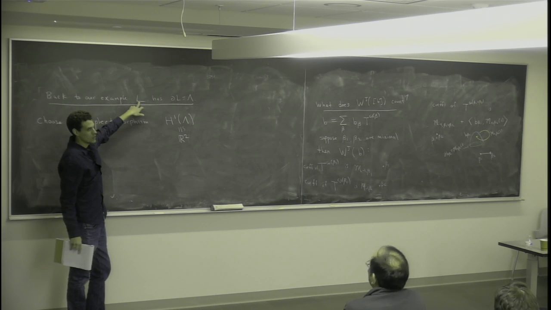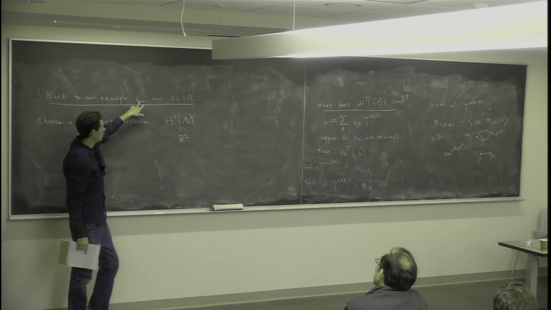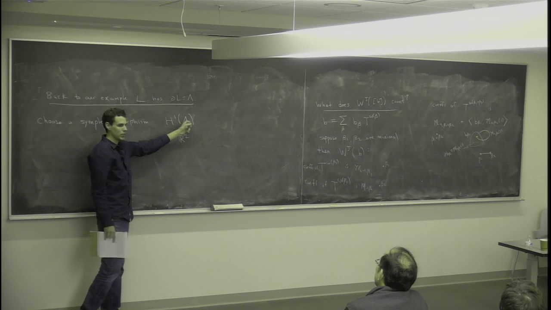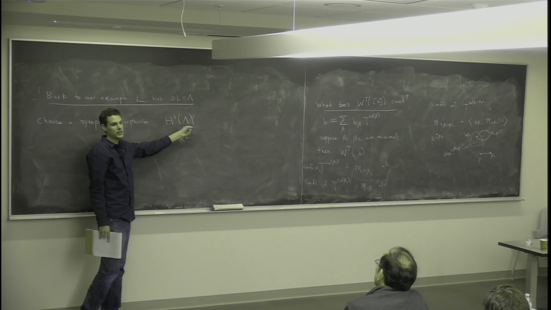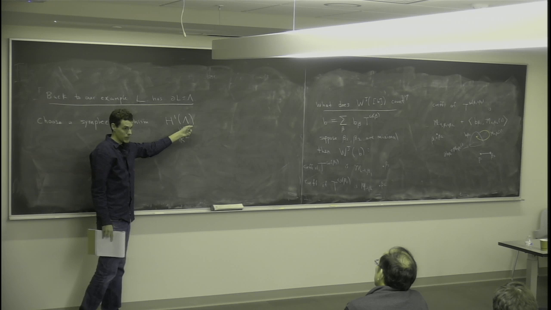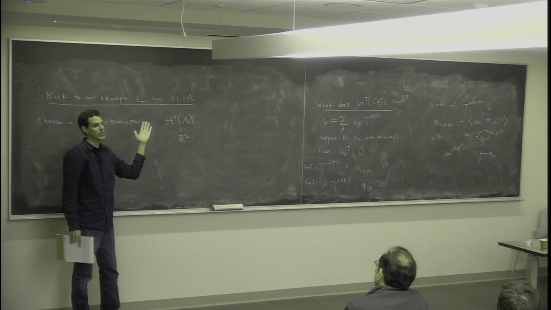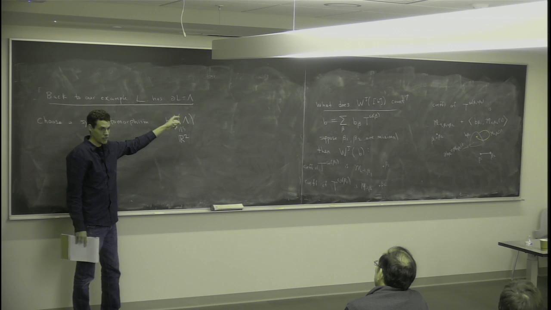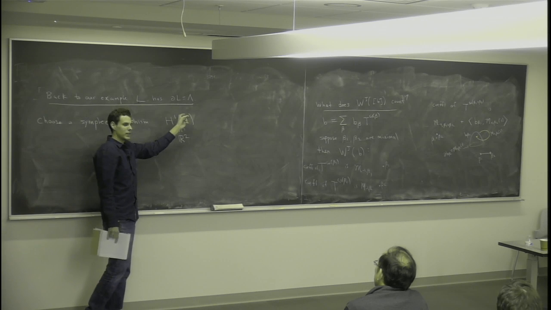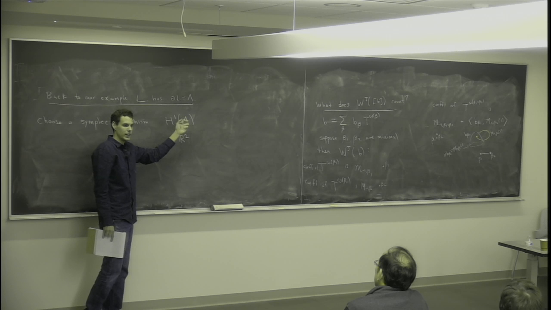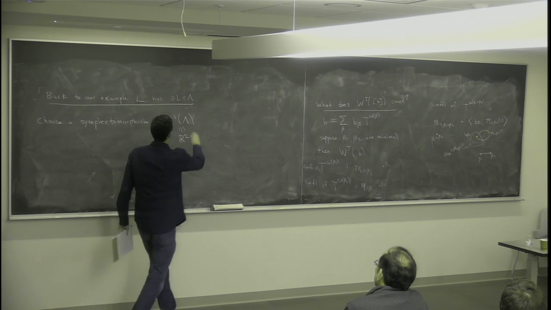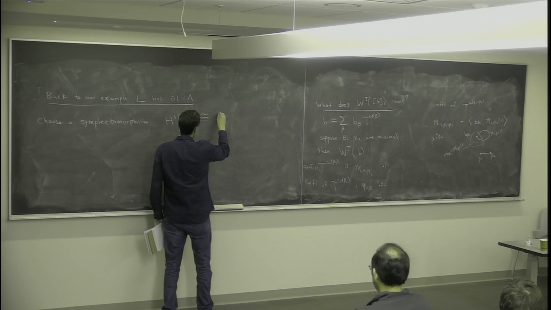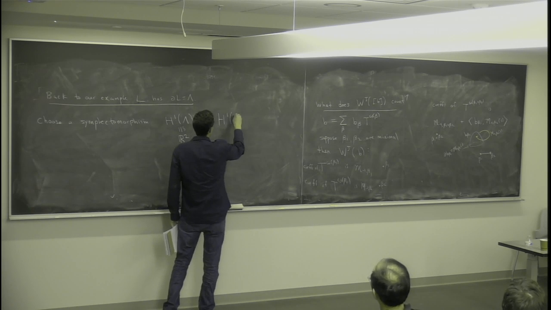So then you can choose a complementary Lagrangian. You get some splitting of this symplectic vector space. The symplectic form here is wedge and integrate. So you have to choose a symplectomorphism that makes this isomorphic to H1 of L plus the dual of H1 of L. You can think of this as the cotangent bundle of H1 of L. So you have to make some choice like this.